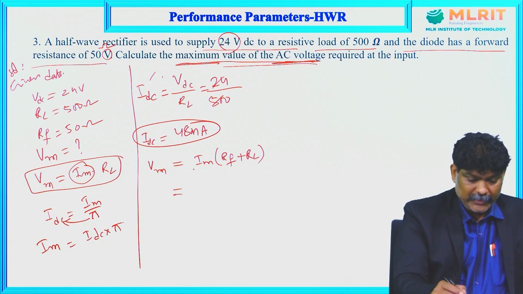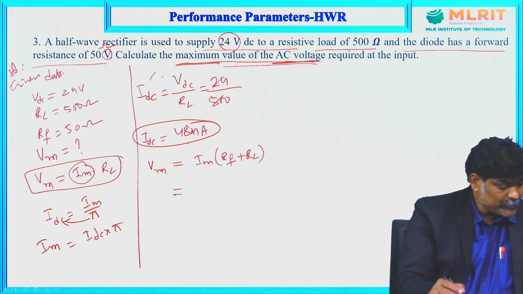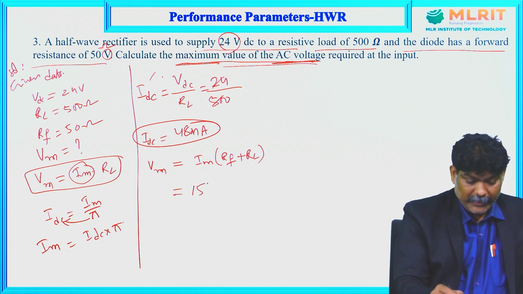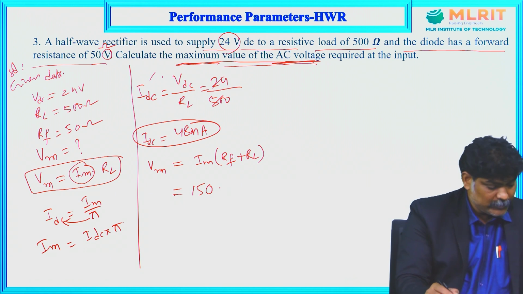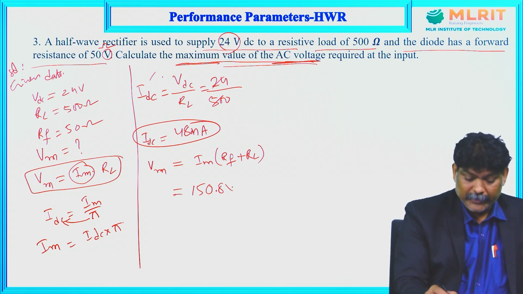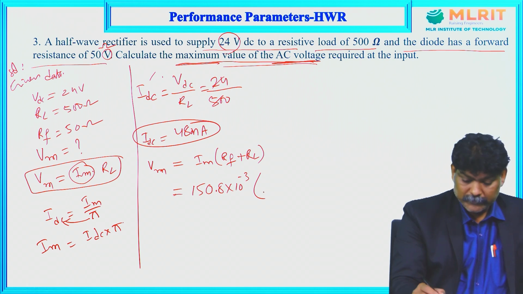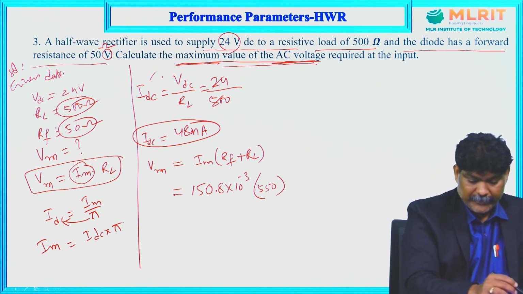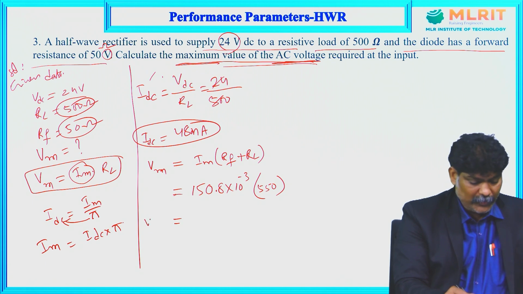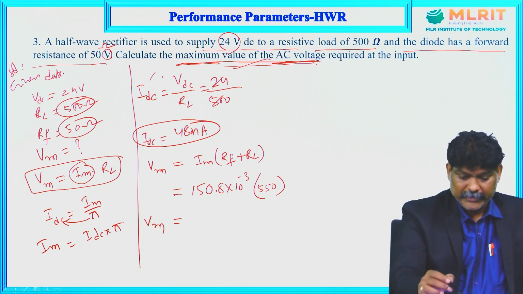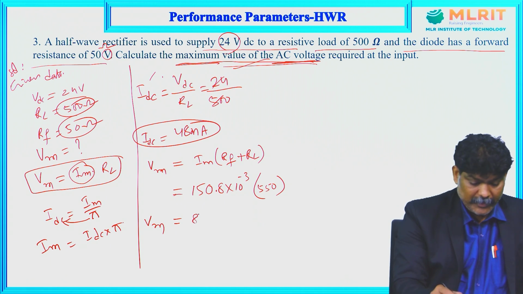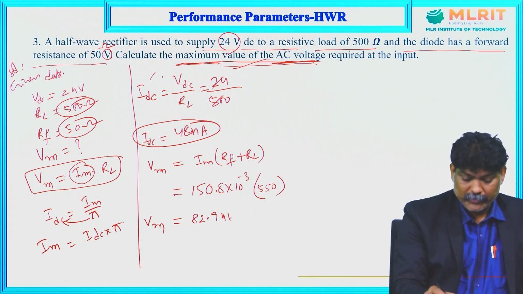IM value is approximately 150.8 into 10 power minus 3 into, this is 550, 500 plus 50, 550. So if you solve for this, the maximum AC voltage required at the input is given by 82.94 volts.